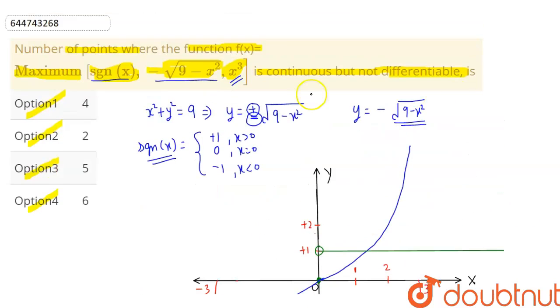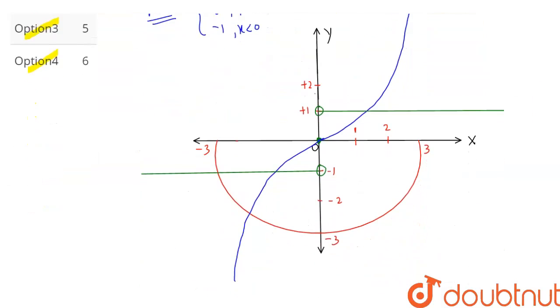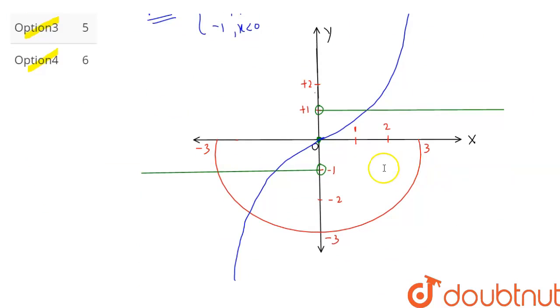Now since in the function it is given that we need to get the maximum of all these three functions, that maximum value will be the graph of f of x. So let us take the maximum values of all of these three functions.